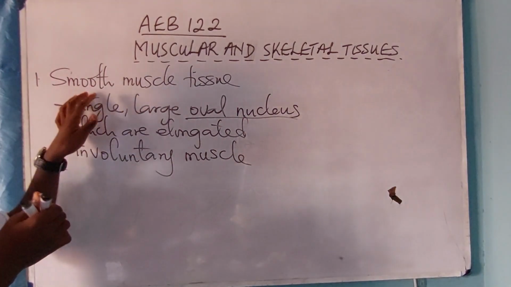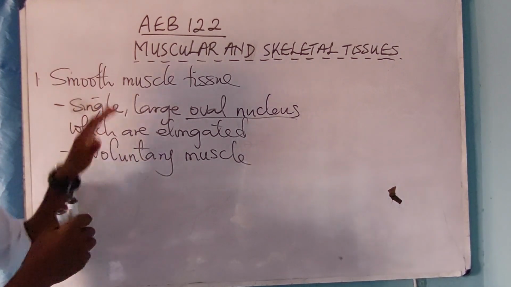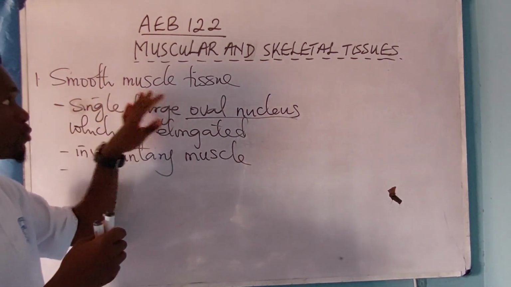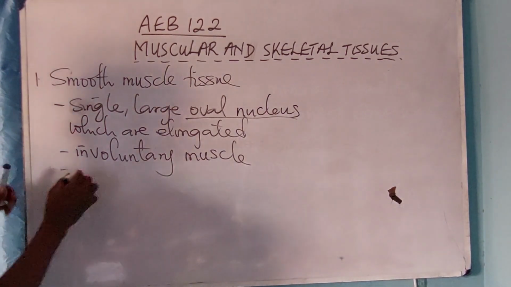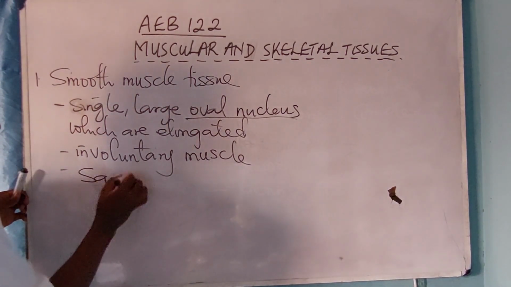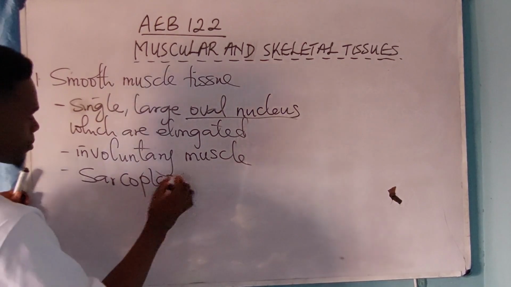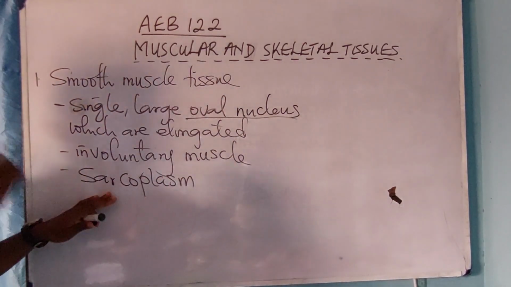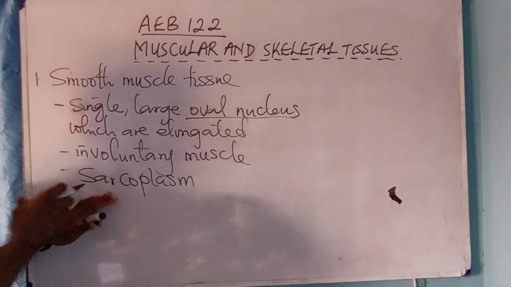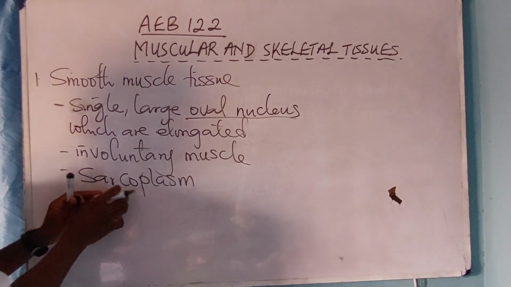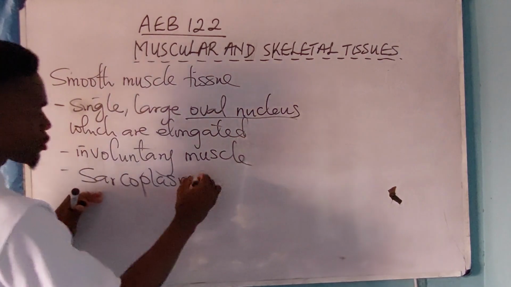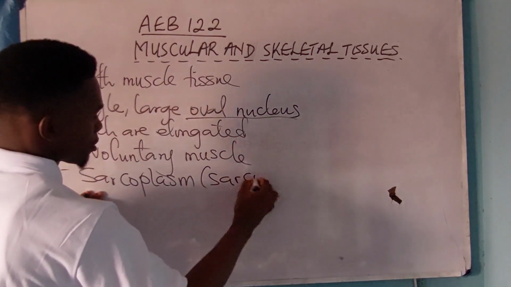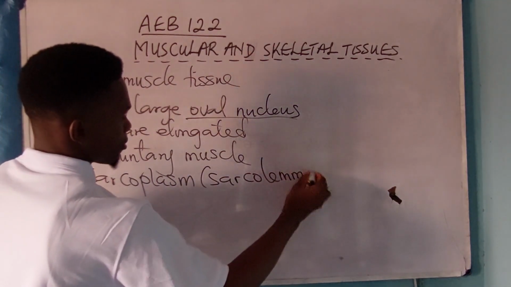Now, please, the various cells that are found in the smooth muscles are filled with a type of cytoplasm called what? Sarcoplasm. The thin layer where the cytoplasm is filled is called sarcoplasm, and it's surrounded by what is called sarcolemma.